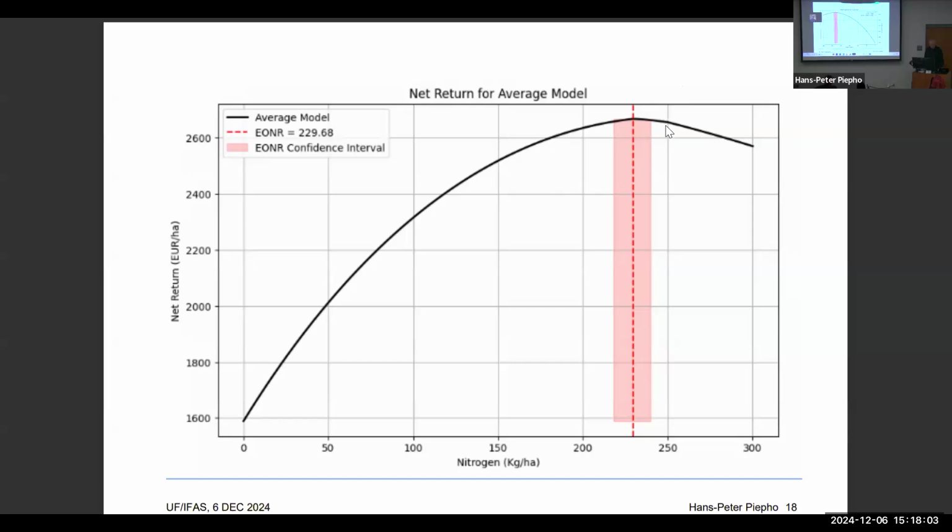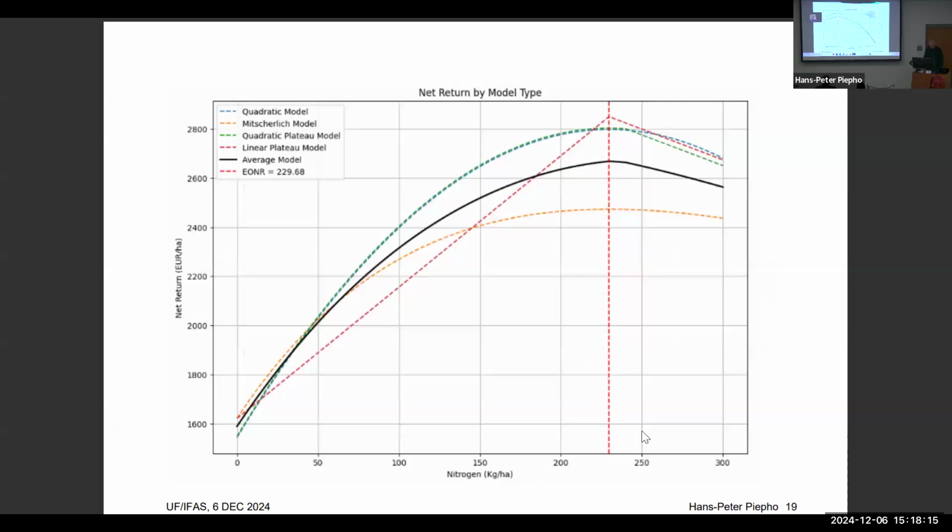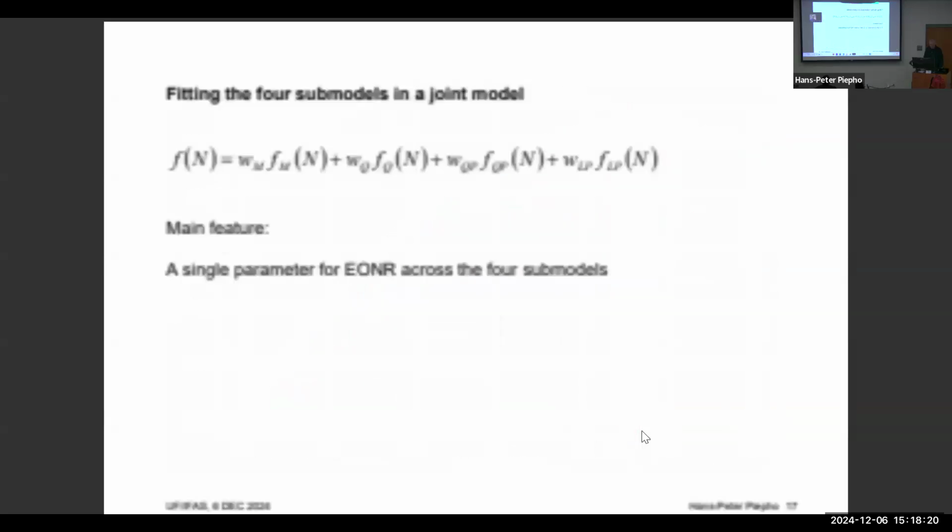So you've got, and this is net return, the economic optimum here, and the economic optimum rate down here, 229 kilograms of nitrogen. And if you look at the components, just to remind you, you've got those components sitting in there, and each of those components is parameterized in terms of economic optimum rate.